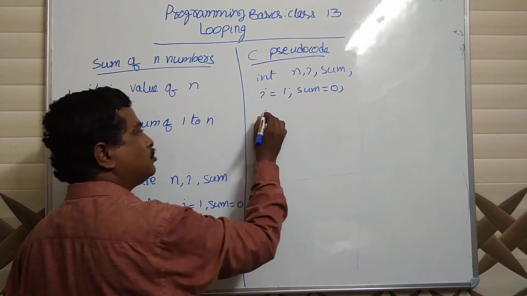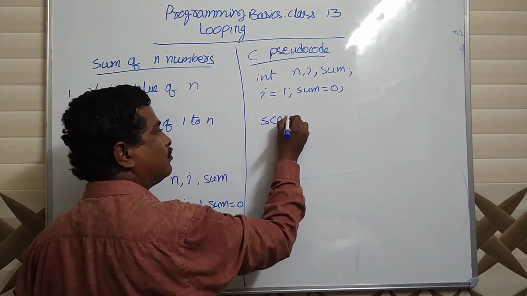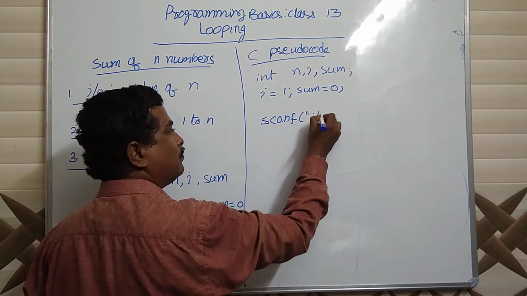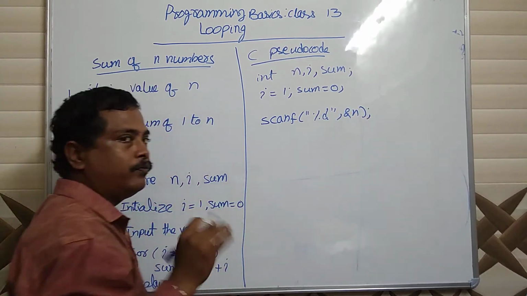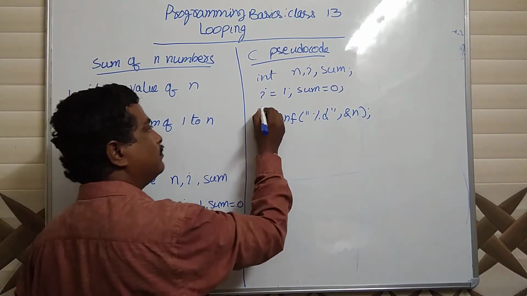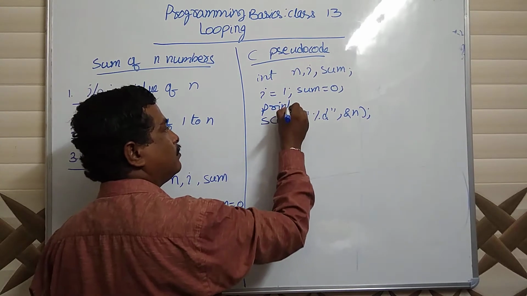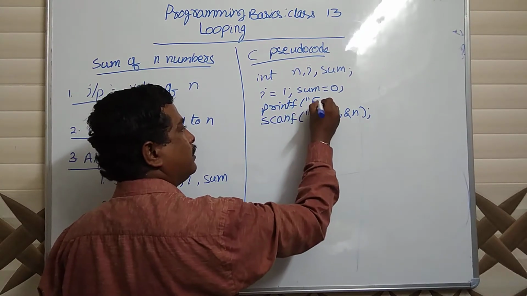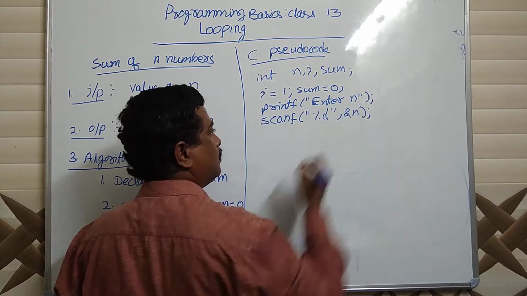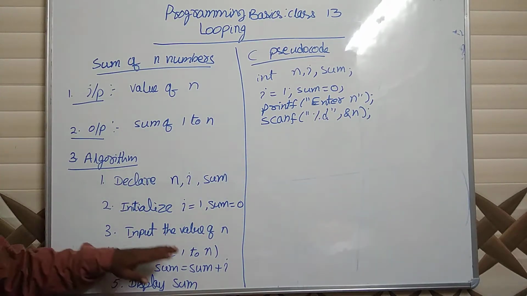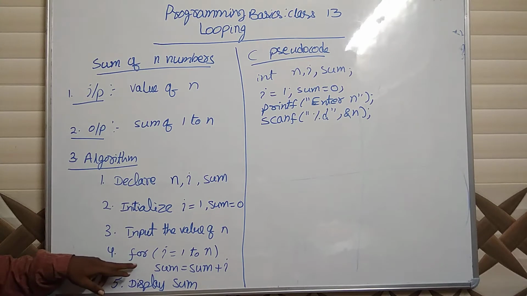So in C language, to input we have scanf function, scanf %d ampersand n. Before the scanf, if you want to give some message, you can give printf enter value of n. After entering the value of n, here I have taken a loop.